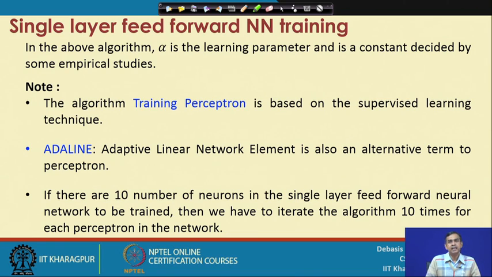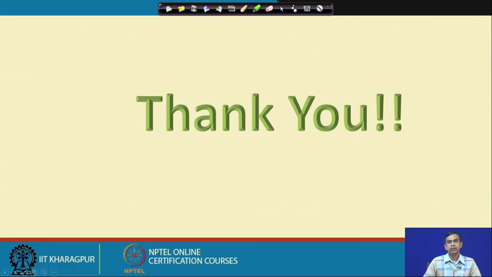So, the learning approach is basically the same, but it needs to be computed for each one by one. This is the idea followed in the training of a single layer feed forward neural network architecture. So, this is the concept of single layer feed forward neural network architecture learning we have learned.